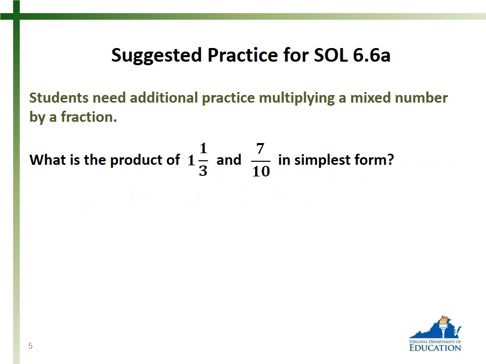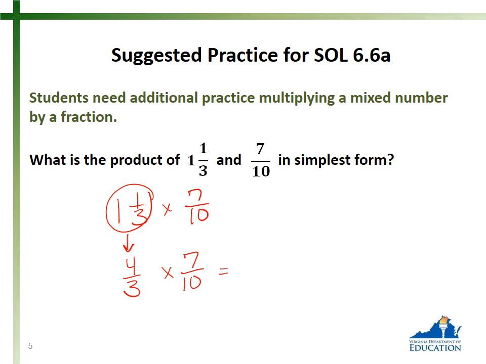And so here we're going to be dealing with multiplying fractions. We have two fractions, and let's go ahead and multiply them. We have 1 1/3 times 7/10. When we multiply fractions, we need to make our mixed number improper first. So 1 1/3 is the same as 4/3 times 7/10.